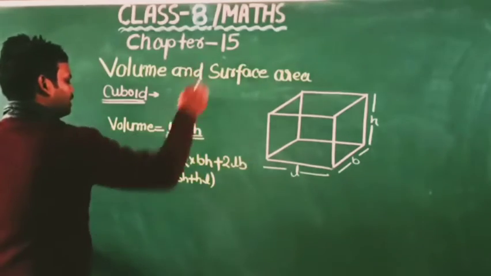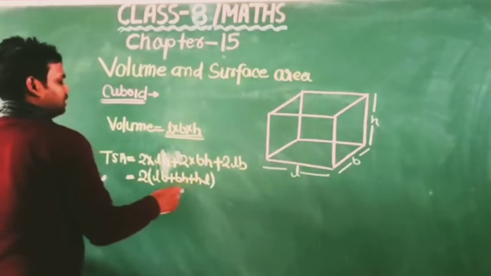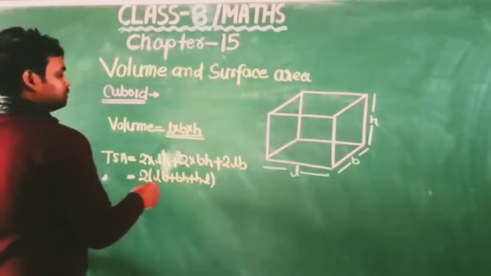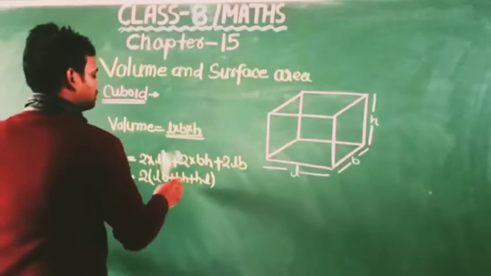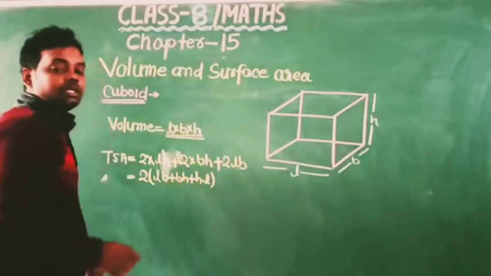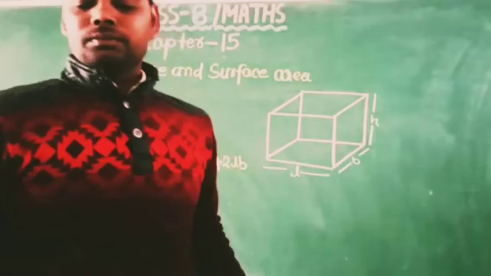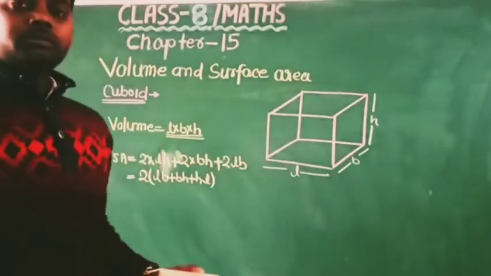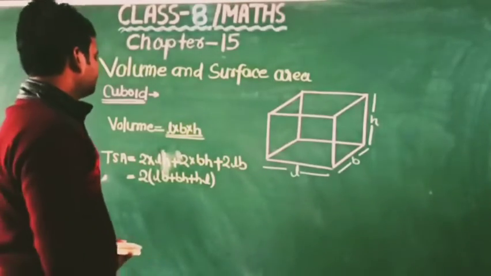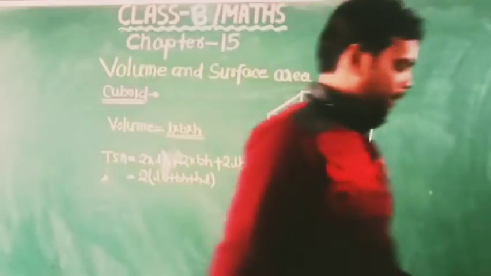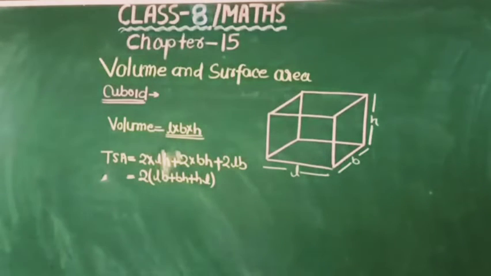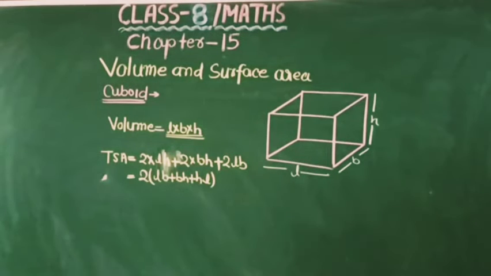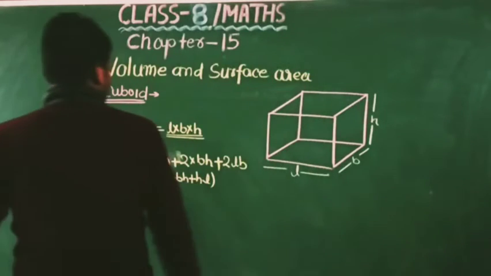Okay, LB plus BH plus HL. So 2 times LB plus BH plus HL.